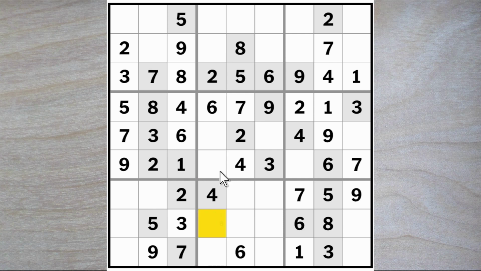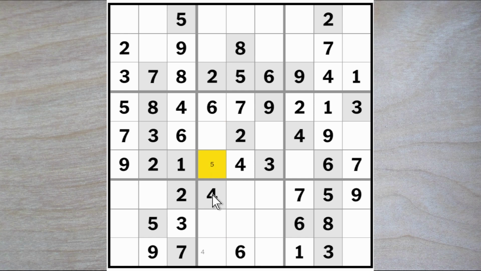That means that these squares here must be a 7, 9, 1, and a 3. So 3 can't go here, 3 goes up here somewhere. 7, 9, oh, this is a 5 or an 8, right? So across here, we need a 1, 5, and an 8.